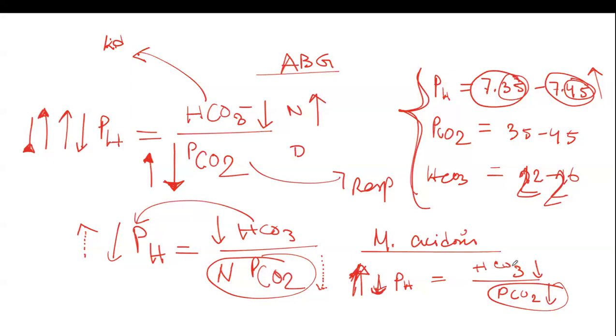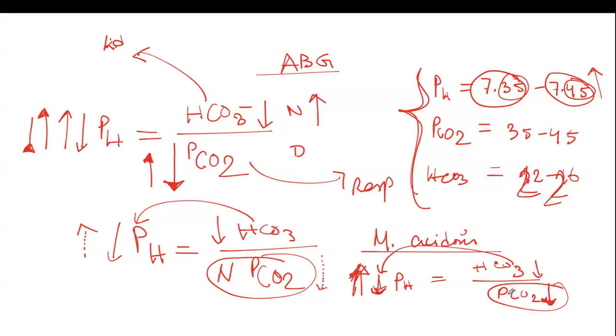Okay? So this is metabolic acidosis with your body trying to compensate. So it will be respiratory compensation. The name of this acid-base disturbance is metabolic acidosis because bicarbonate is the culprit, and then your body is trying to compensate by reducing the PCO2.